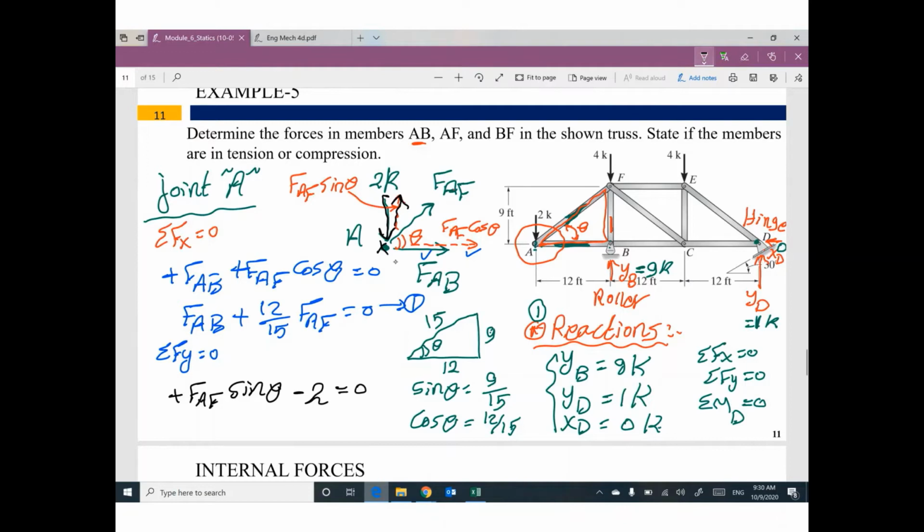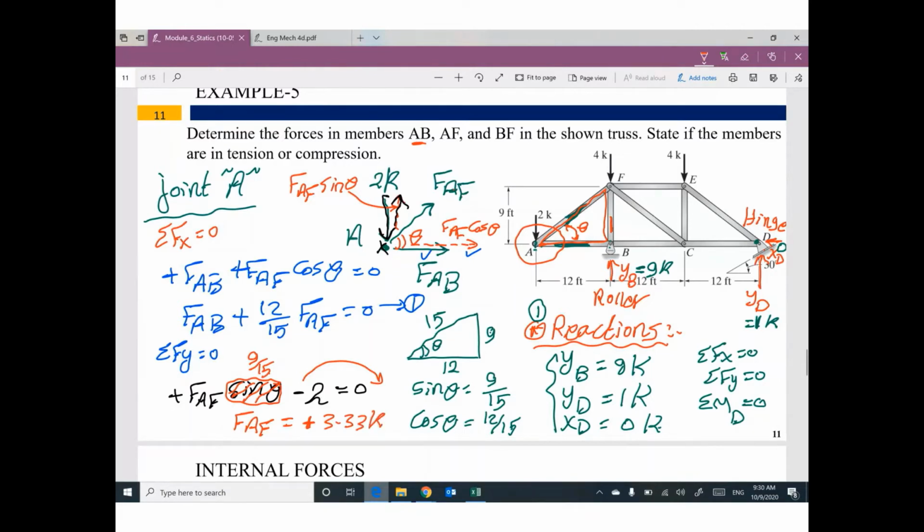Don't forget sine theta as a value equals 9 divided by 15. The only unknown in this equation will be FAF. This value will be positive, by the way. If you move -2 to the other side, it will be positive. It will be 3.33 kip.